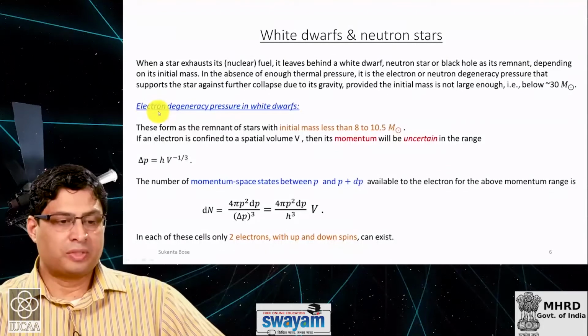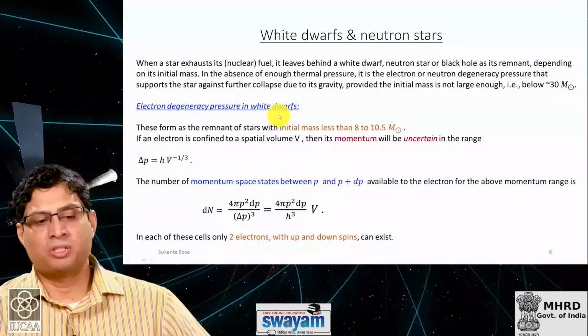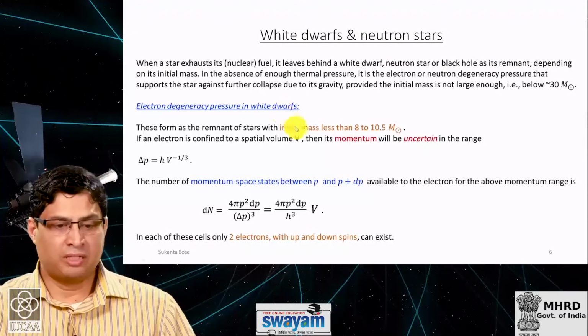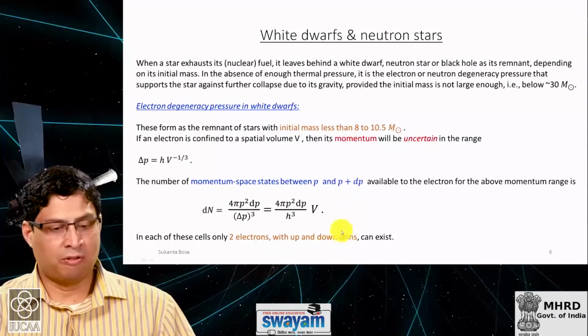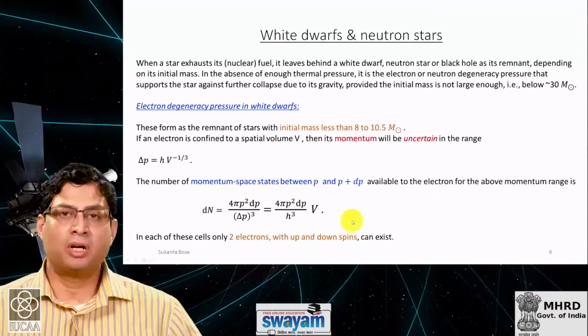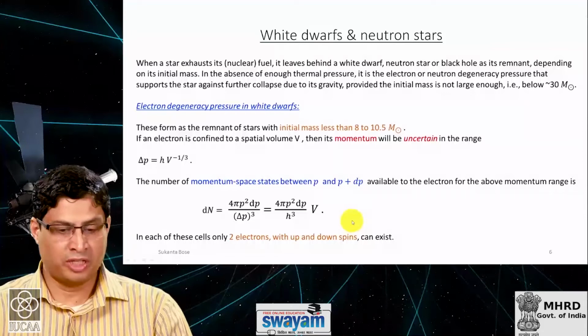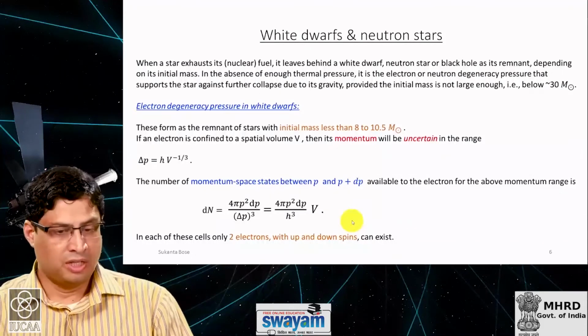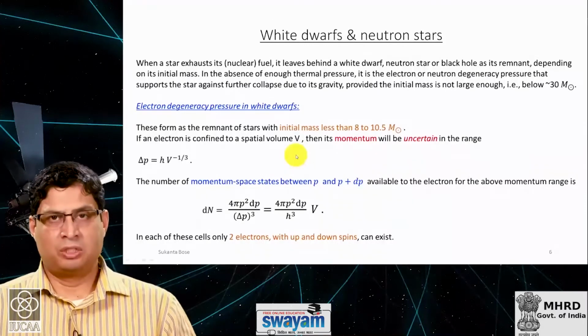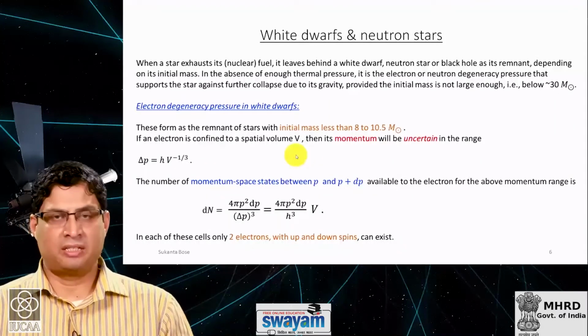So, electron degeneracy pressure is what supports white dwarfs against gravitational collapse. But here is a quick back of the envelope calculation, which I've taken from Bernard Schutz's book, one of the books I introduced earlier in my lectures. How much pressure does a gas of electrons exert?